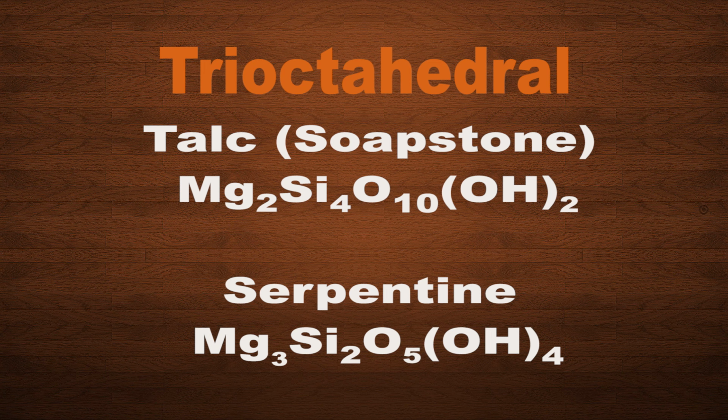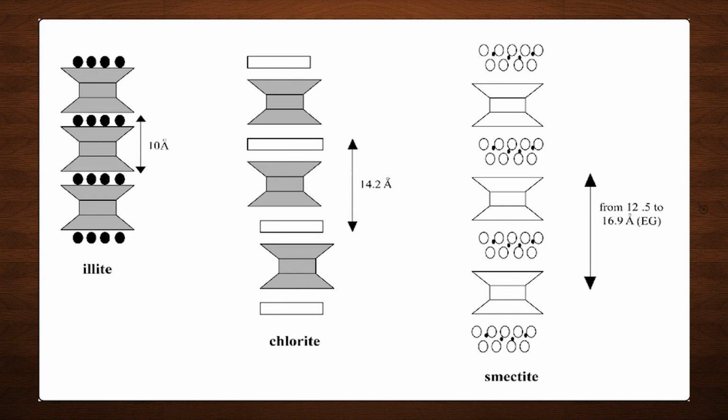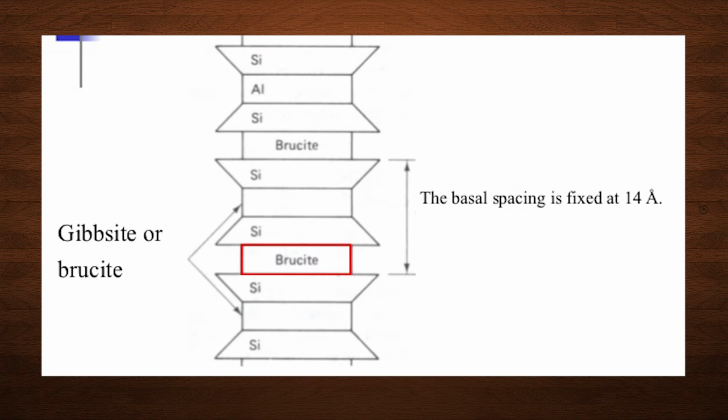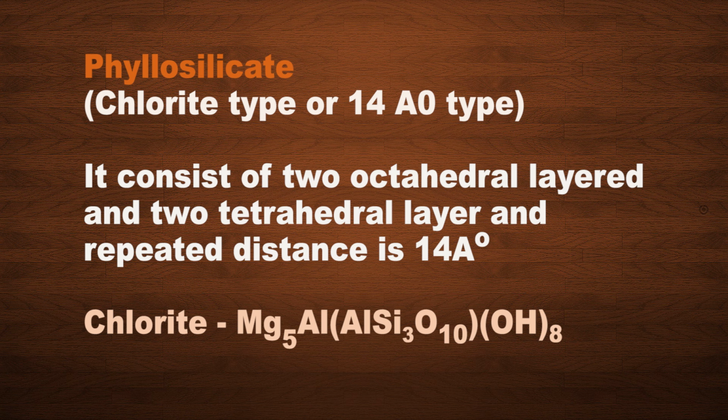Trioctahedral: talc, soapstone Mg3Si4O10(OH)2. Serpentine Mg3Si2O5(OH)4. Phyllosilicate, chlorite type or 14 angstrom type. It consists of 2 octahedral layers and 2 tetrahedral layers and the repeat distance is 14 angstrom. Chlorite Mg5Al(AlSi3O10)(OH)8.